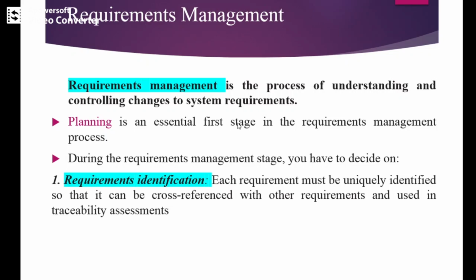So during the requirements management stage, the first thing you have to decide on is requirements identification. First, you have to identify the requirement. Each requirement must be uniquely identified so that it can be cross-referenced with other requirements and used in traceability assessments.